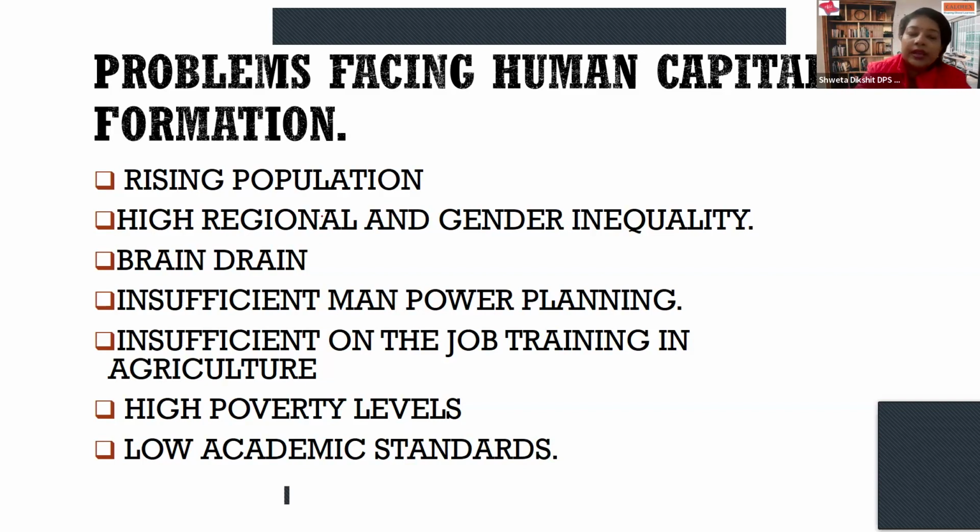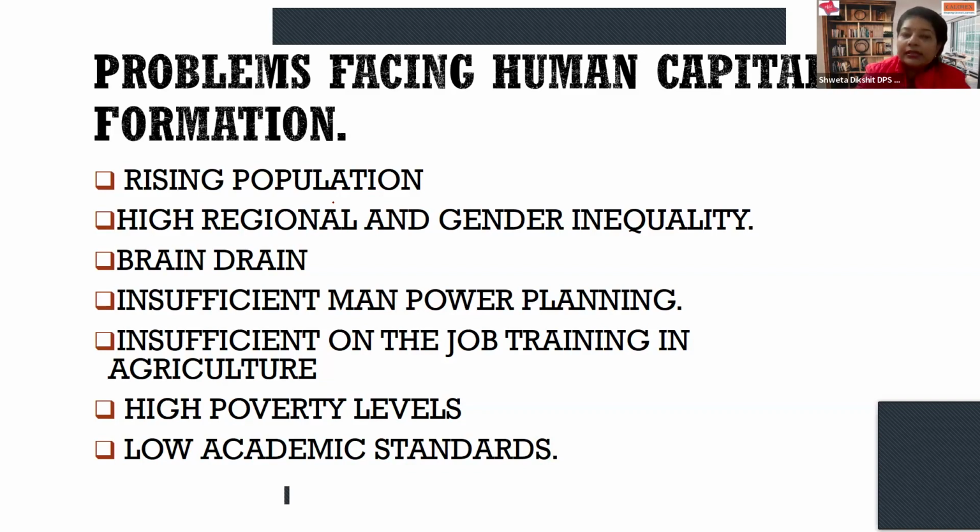So what are they? Of course, rising population. I told you that decades back, population was always considered a curse. Presently, of course not. But there is a thing known as population explosion.